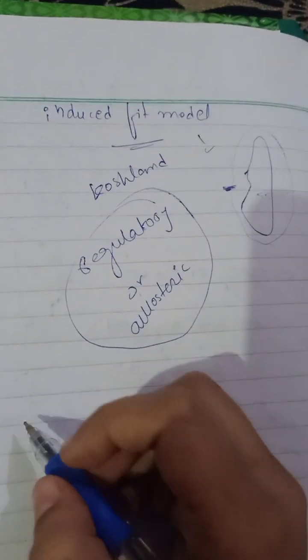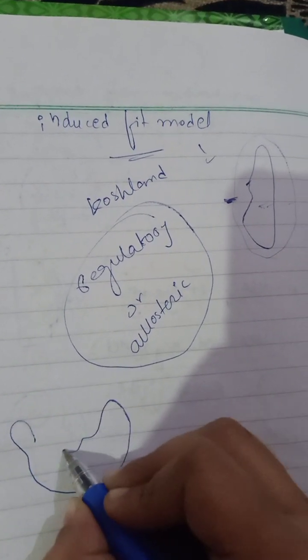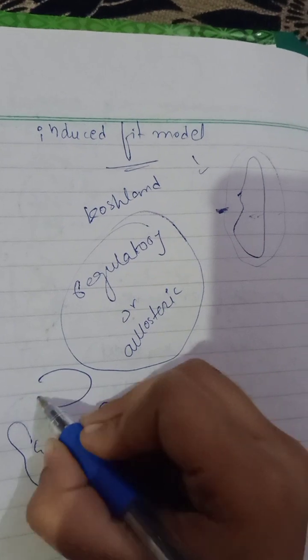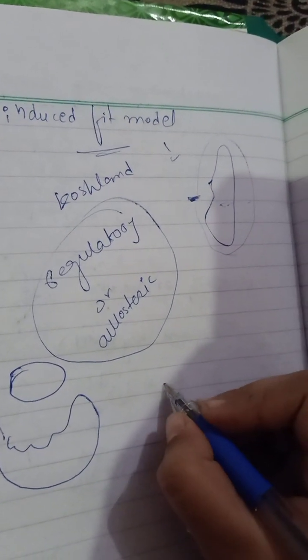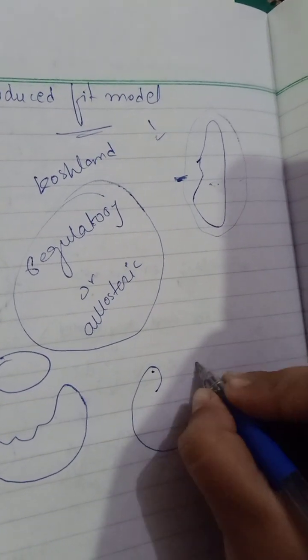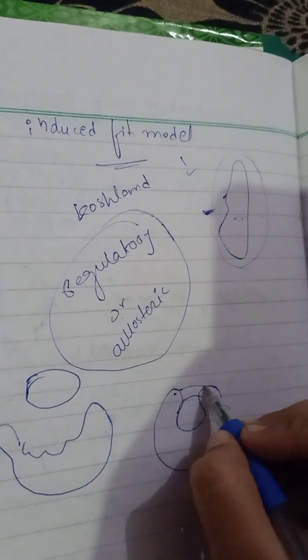For example, this is the active site of an enzyme and this is the substrate. It becomes like that after bending.